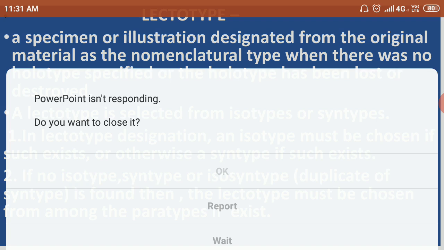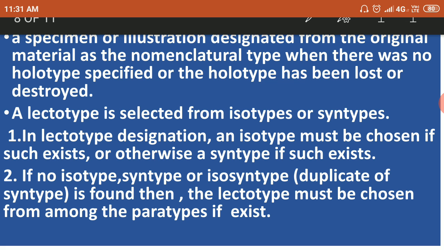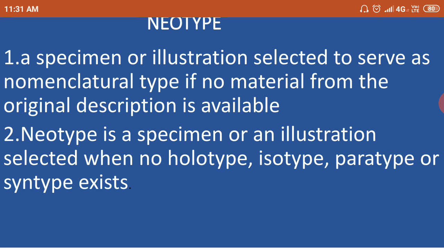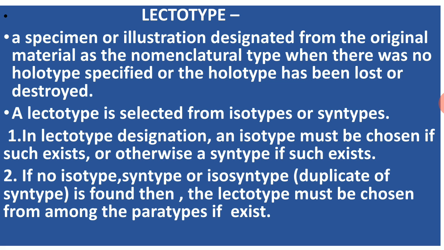Lectotype is a specimen or illustration designated from the original material as the nomenclature type when there was no holotype specified or the holotype has been lost or destroyed. So lectotype means the specimen is destroyed or lost. Then we use a lectotype. A lectotype is selected from isotype or syntype. This is the first priority. Suppose there is lost material, then we will collect a lectotype and we will prefer iso or syntype.